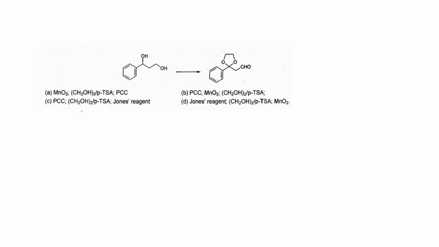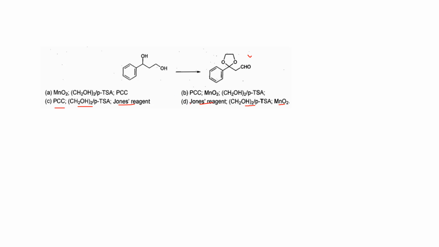Let's go to this one. There is a three-step process here, three groups of reagents are given in all the options. Now you have to form this product from this substrate.